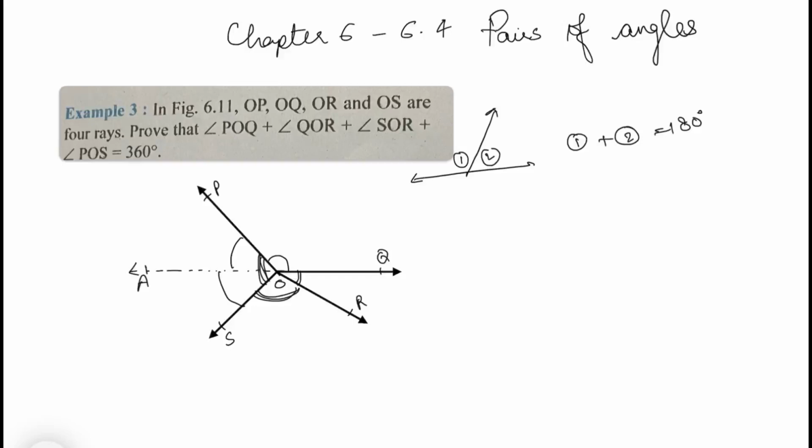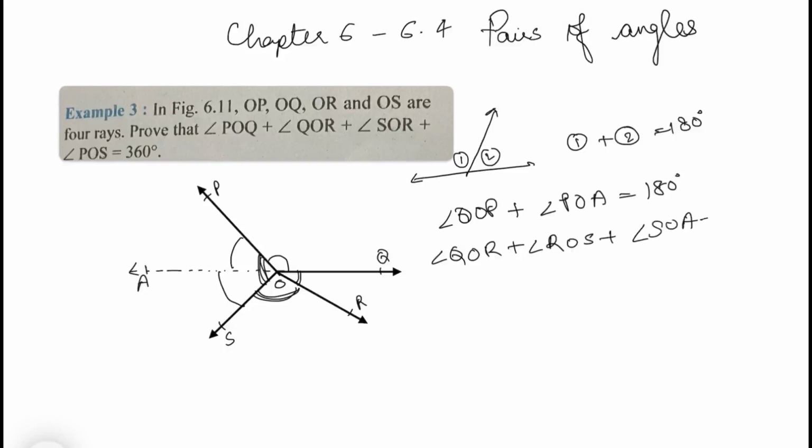Now, based on this, what we can say is that since AOQ is a line, angle QOP plus angle POA sum up to 180 degrees. Similarly, angle QOR plus angle ROS plus angle SOA is equal to 180 degrees, right?